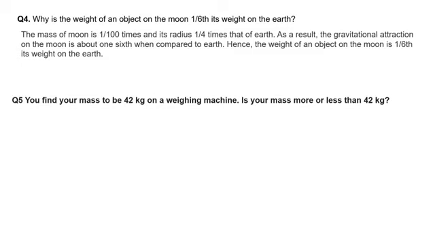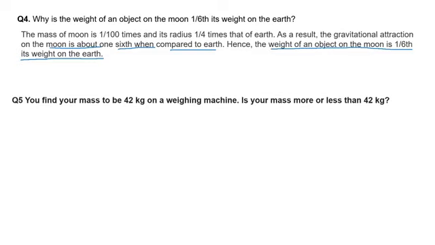We know that the mass of the moon is 1/100th that of the earth and its radius is 1/4th that of the earth. As a result, the gravitational attraction of the moon is about 1/6 compared to earth. Hence, the weight of an object on the moon is 1/6 its weight on the earth.